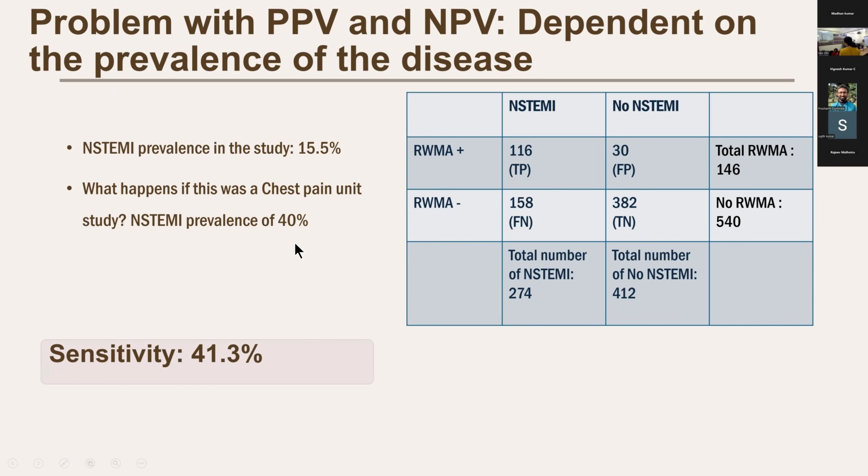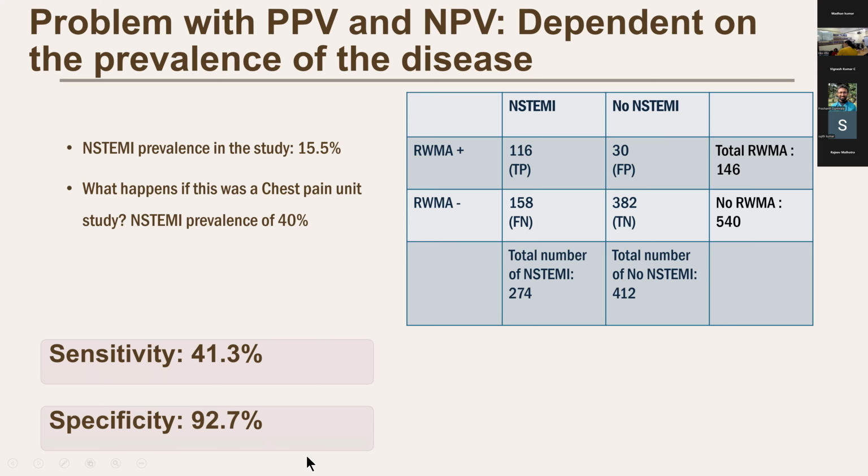Okay, 41.3, 42, my error, 41.3. Specificity, if you calculate, true negative divided by everyone who is truly disease negative. Okay. So is it the same as our previous sensitivity and specificity?